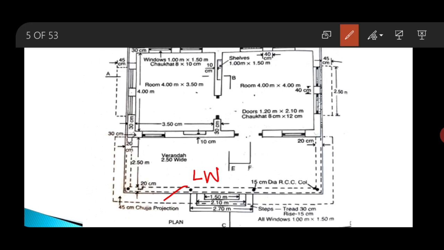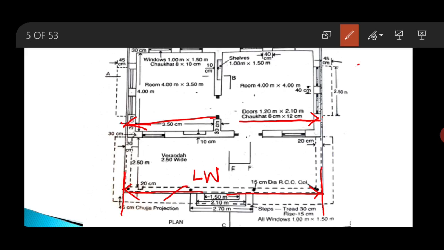So for that, as this wall is of 20 centimeter thick, so first we will go to the out dimension of this veranda. So out dimension of veranda is same as out dimension of this room. Out dimension of the room is equal to out dimension of the veranda.